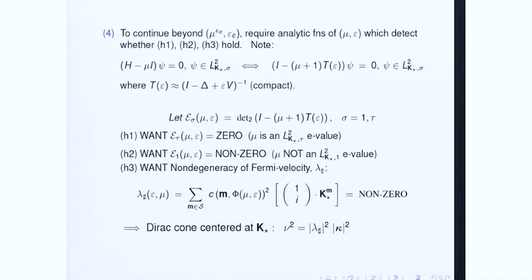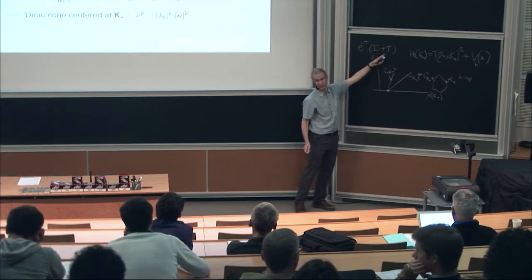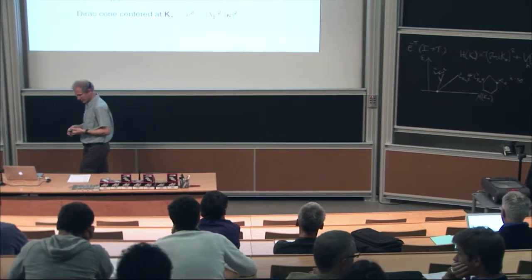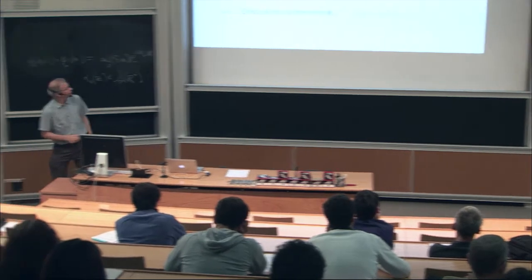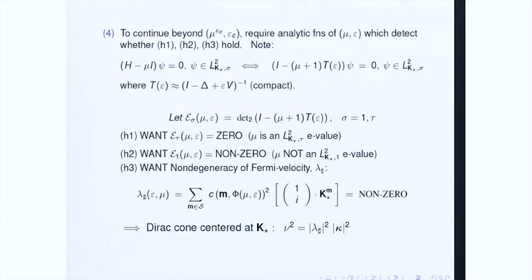The idea is just this. Instead of working with identity plus t, work with e to the minus t times identity plus t, because this is identity minus t, and identity minus t times identity plus t is identity minus t squared. So that's the idea. And that's what this det 2 is. So we form that regularized determinant in each of the eigen subspaces, sigma equal to 1, or sigma equal to tau, tau bar.